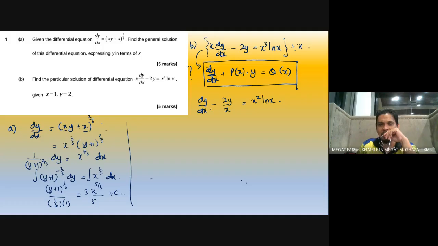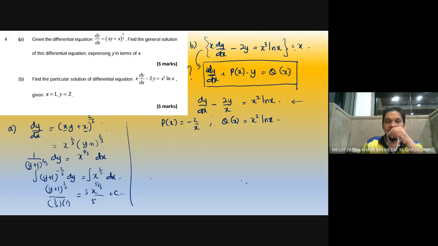So let's double check. Is this equation exactly in this form? Single dy/dx, p(x), which is negative 2 over x times y. And then q(x) is x squared ln x.